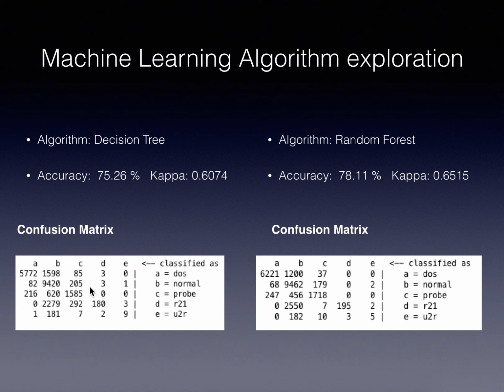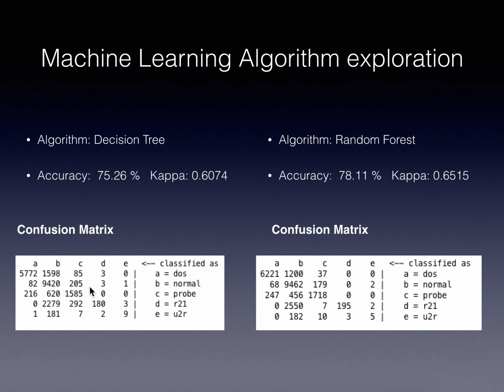Then after that, I do a machine learning algorithm exploration that uses different kinds of machine learning algorithms. From the experience above, I still use the decision tree and random forest, because in binary classification these two algorithms have a good performance, better performance than AEVS.